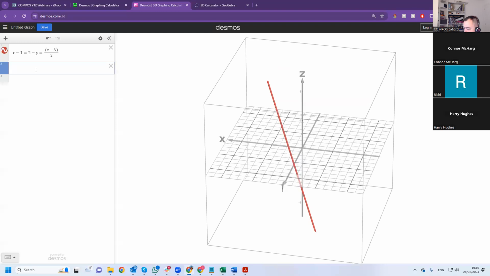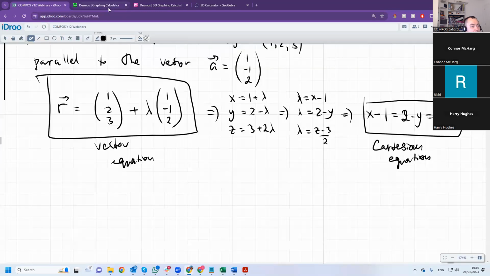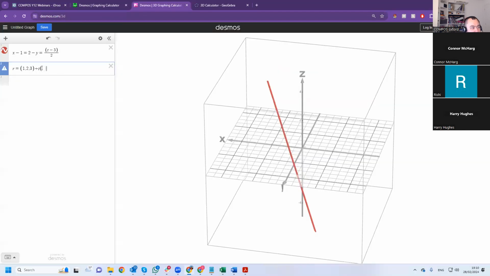And if we draw a vector, r equals 1, 2, 3 plus t multiplied by 1, minus 1, 2.